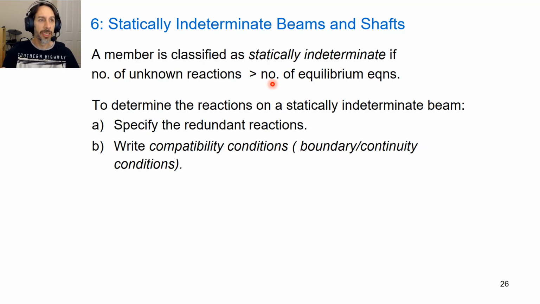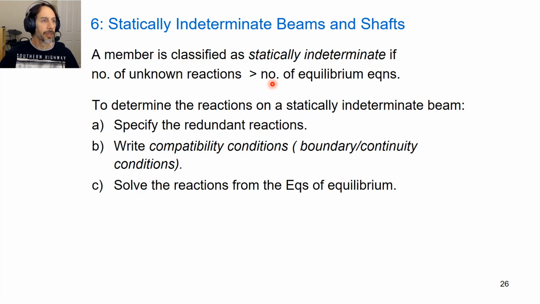Usually at a support the displacement there is 0, and we use that to help us write an extra equation for the unknown at that reaction or at that support. So we use equations of equilibrium to solve for the rest of the reactions.